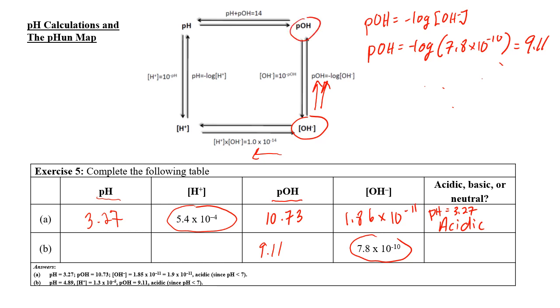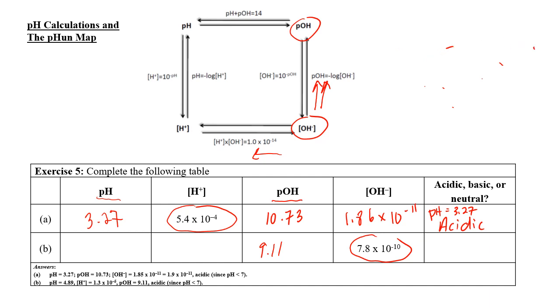Now, let's find the pH. If we're going to find the pH, we can use the equation pH plus pOH equals 14.